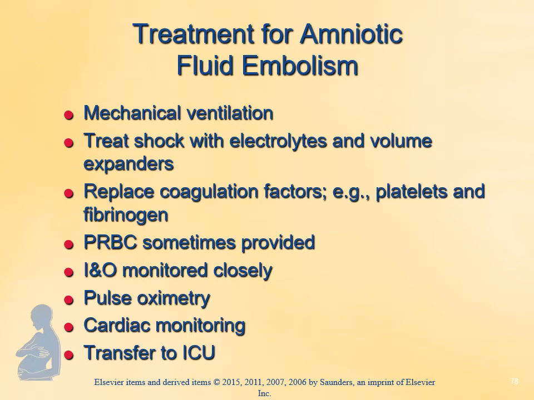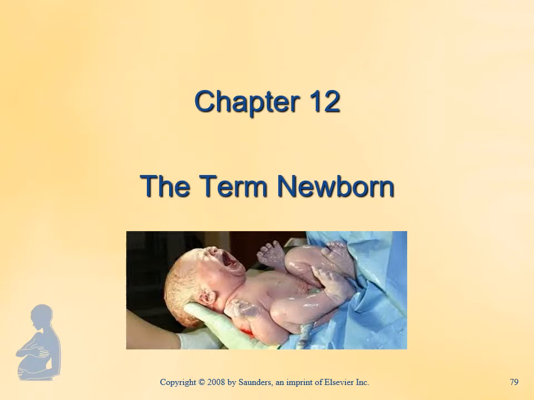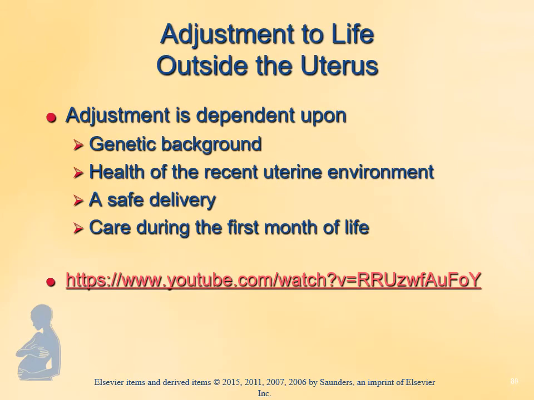So that is the completion of Chapter 8, and now we're going to switch gears and turn all the way over to Chapter 12 and talk a little bit about our term newborn and what's normal for a term newborn. So we talked a little bit about some of the changes that take place when that baby comes out into air.